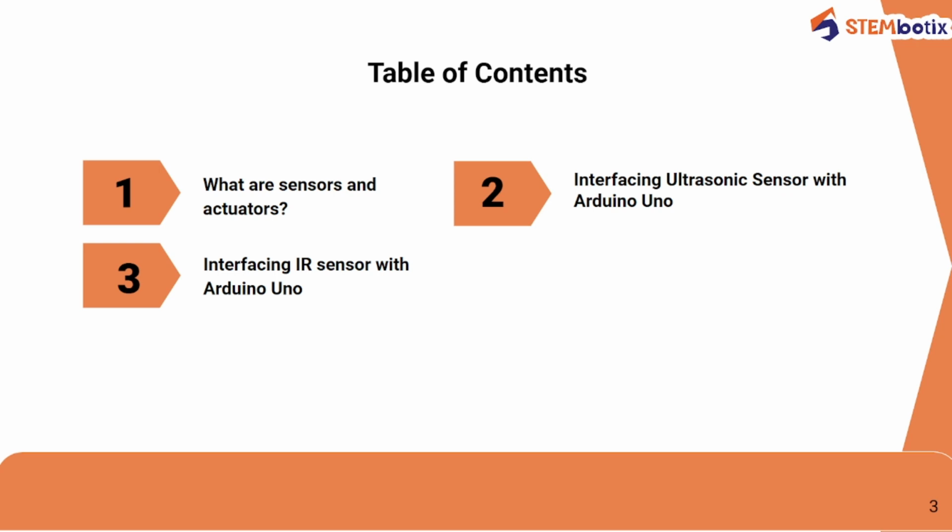One of the many sensors is the ultrasonic sensor, and we will see the interfacing of that sensor with Arduino. In the third and last part of this session, we are going to see the interfacing of an IR sensor with Arduino Uno, that is, how one can connect an IR sensor with Arduino Uno and do the block coding in Blockzie. So these are the three parts of this tutorial.